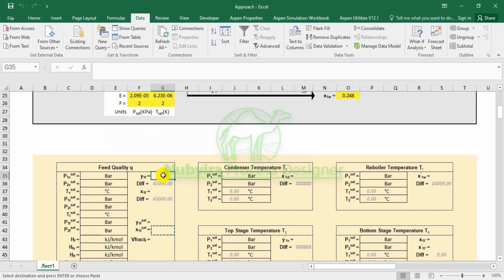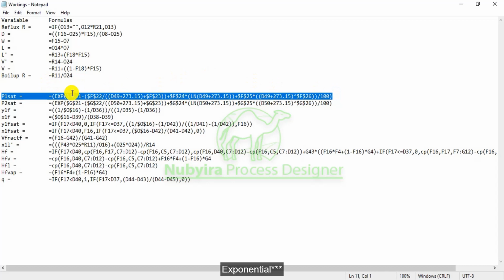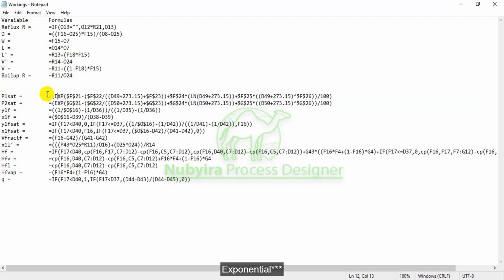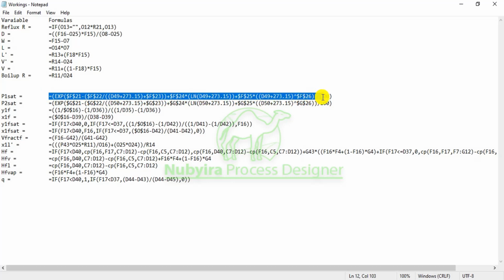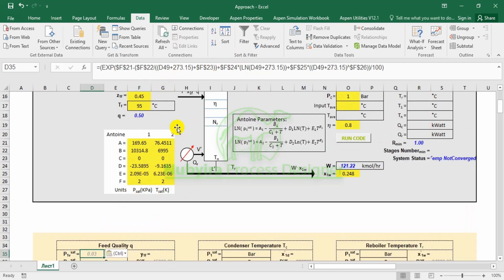So for the mole fraction that I'm getting here, assuming I start, I put a value for the temperature. Let me put 100 for the temperature. Once I put 100, I'm going to do the dew point first, but I've already written the equation here. So this is from the Antoine equation. You can see the exponent is e raised to the power. Okay, this is P1 sat, the equation over here.